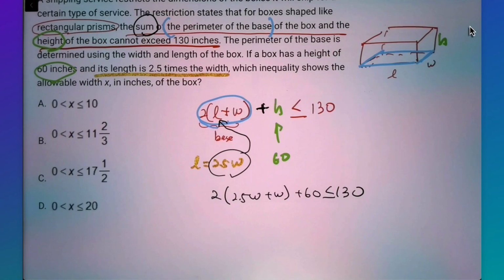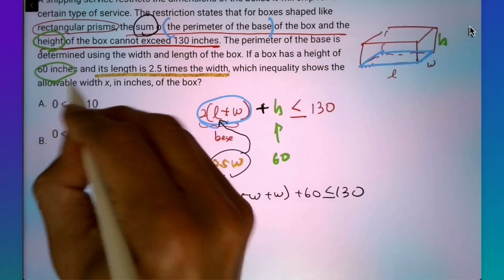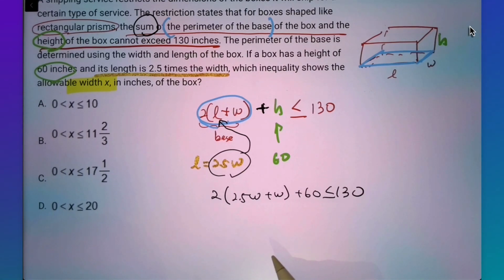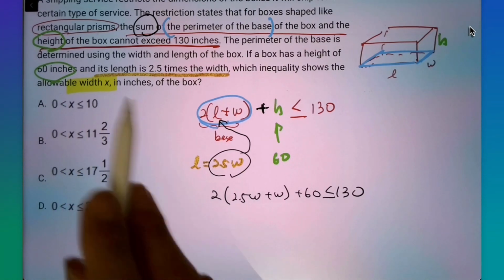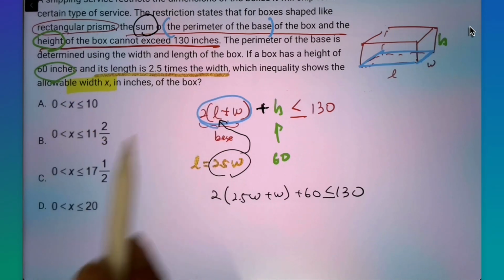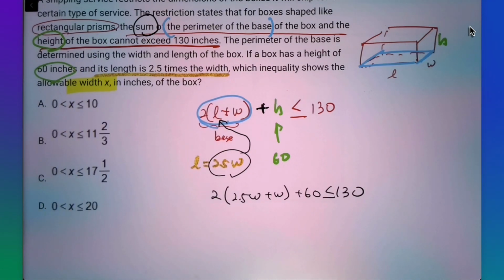Let's do algebra. Oh, and what is the question asking? Which inequality shows the allowable width, with x? So here's our goal. I should have read the question first, but anyway, I was trying to help you translate each sentence. The goal is to find x, and the x happens to be W.